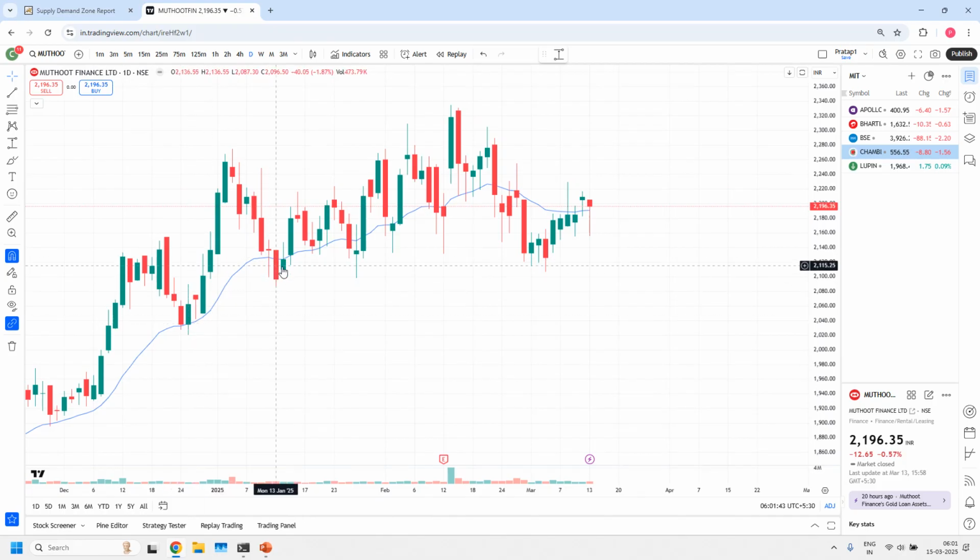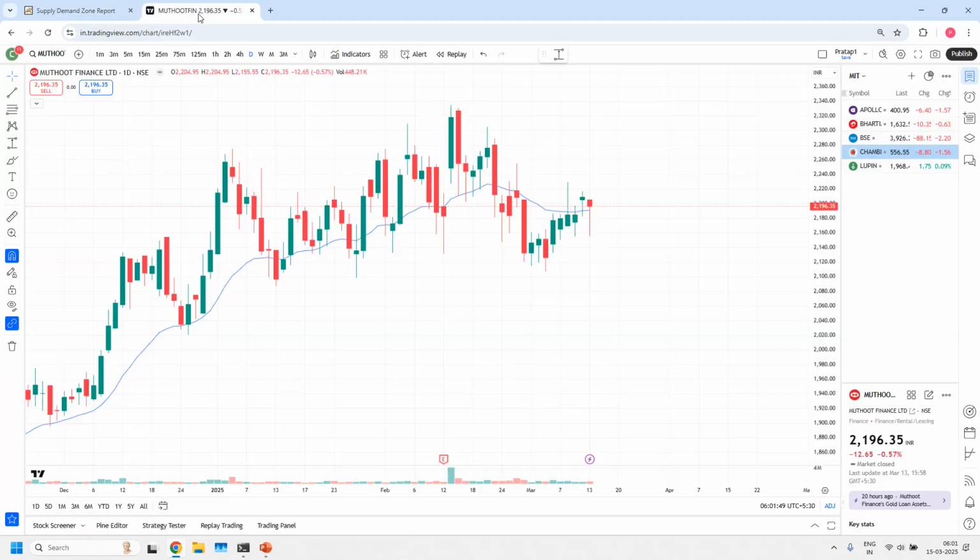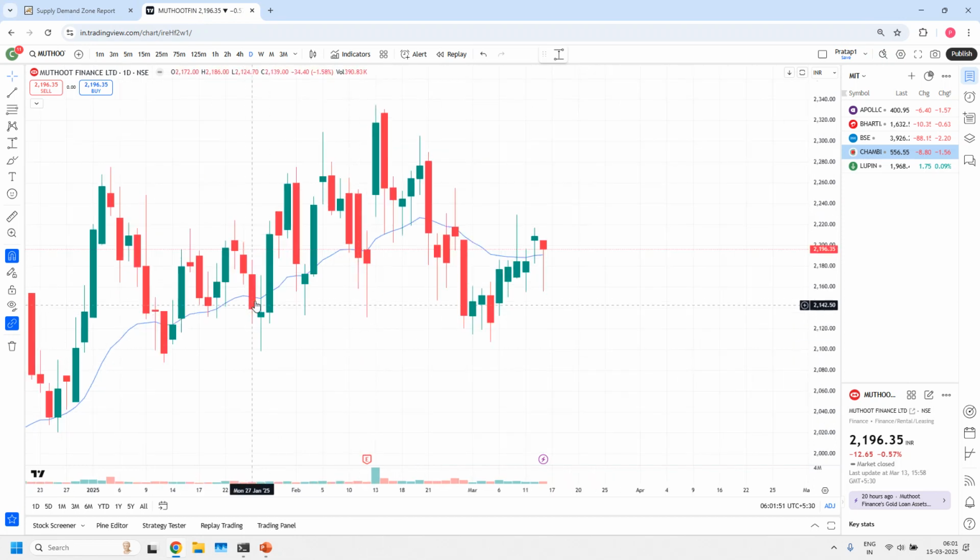13th January, drop base rally. Is that the one? Drop base rally. 27th January, not 13th. This is the one. 27th. Drop base rally. It looks like a failed ERC candle. Large candle, right? But according to the software calculations, this comes under medium size leg candle.